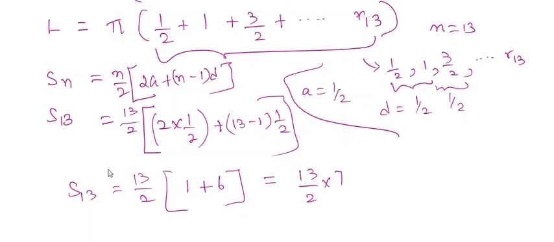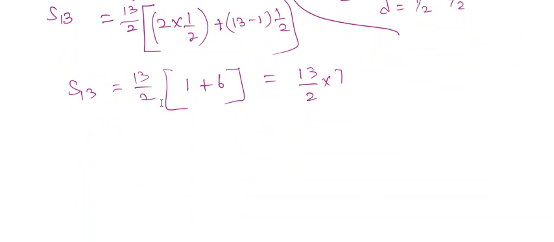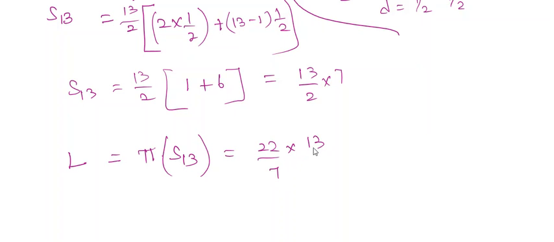But what is the equation? We want to find out pi into, that is very important, is it not? So the total length is nothing but pi into the sum of all. You can put simply S13, is it not? So 22 by 7 into 13 by 2 into 7, that's it.